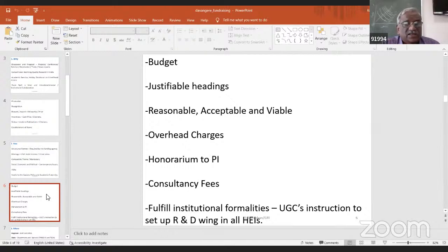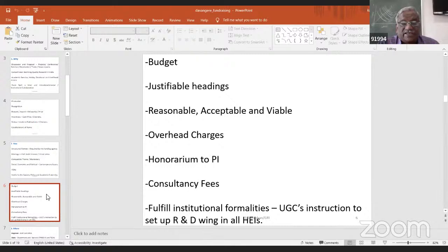There are some genuine reasons, some illogical reasons, and sometimes without knowing both, they also raise objections. Therefore, before submitting the proposal, every aspect of financial management should be made very clear, and you have to discuss with the finance section, particularly with the finance officer, to have clarity on various aspects of financial management, and also the administrative section.